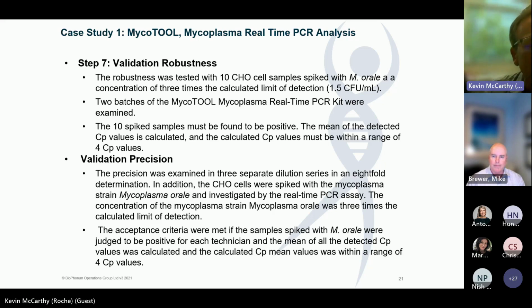The concentration of Mycoplasma orale was used at 3 times the calculated LOD. The acceptance criteria were met, and the mycoplasma were judged to be positive for each analyst, and the mean of all the detected CP values were within the plus or minus 4 CP range.